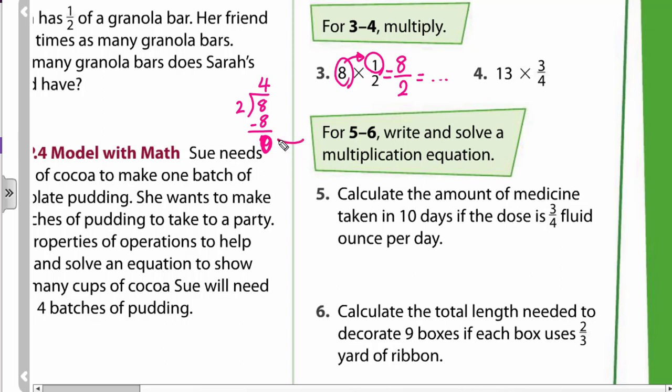When we have remainder 0, the whole number is 4, and we have 0 halves, so we don't need to write it. We just write the 4.